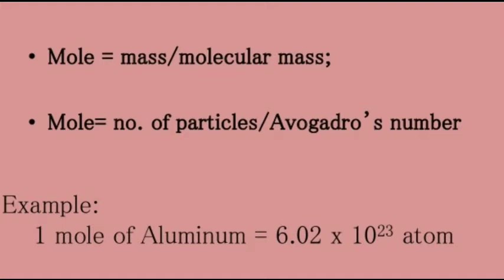Similarly, if I am taking carbon dioxide, okay, so 1 mole of carbon dioxide, what is the mass of carbon dioxide? 44. So 1 mole of carbon dioxide is equal to 44 gram of carbon dioxide, that is 6.022 into 10 power 23 number of molecules.